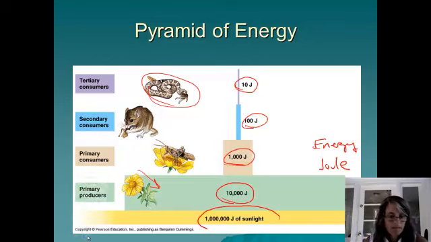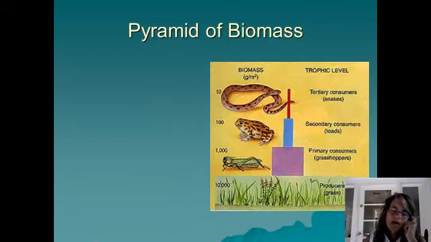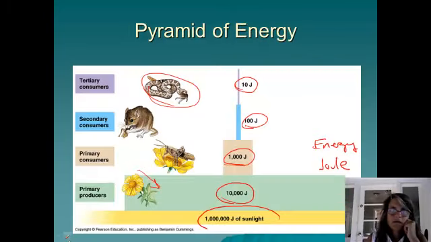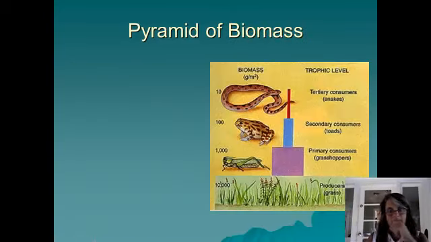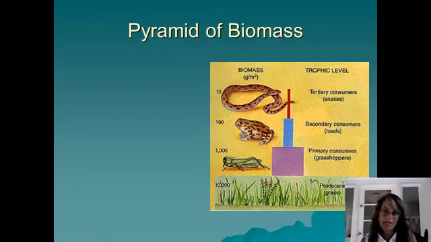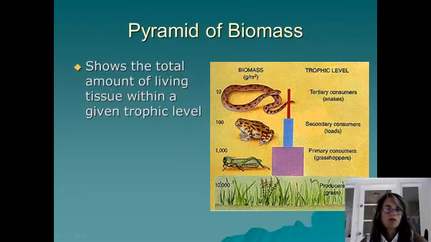Okay? Now, a pyramid of biomass is simply the same concept, but instead of measuring actual energy contained in the organisms, you are just measuring their mass, okay? So it shows the total amount of living tissue within a trophic level. So in terms of grams per meter square here, there's 10,000 grams per square meter of producers that you get.